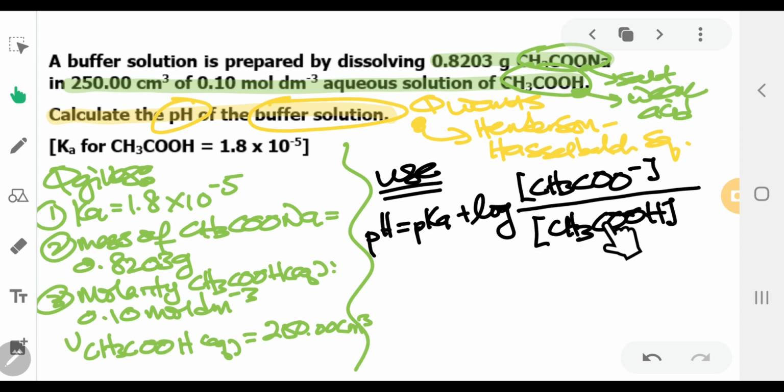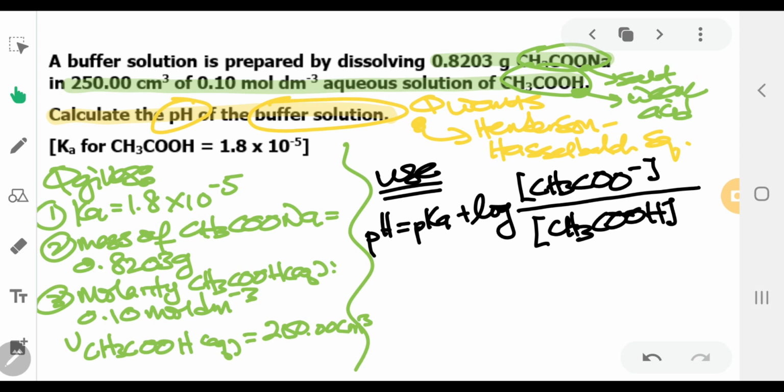Now, the concentration of the weak acid is given to you right there, the molarity is given already. And you have the mass of your salt right there, so we want to find out the number of moles of this. So we're going to change this to number of moles, and we can get the concentration of your conjugate base.